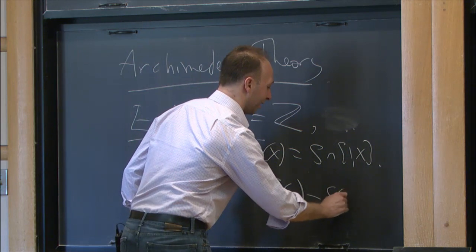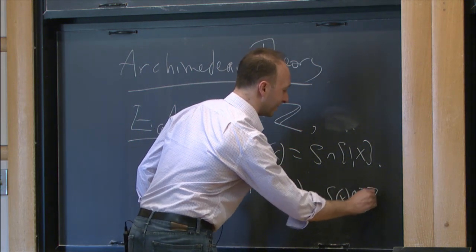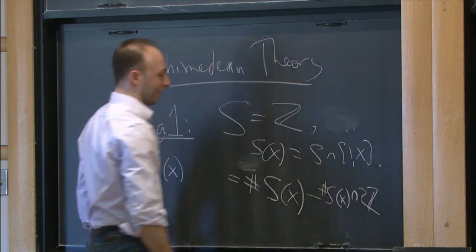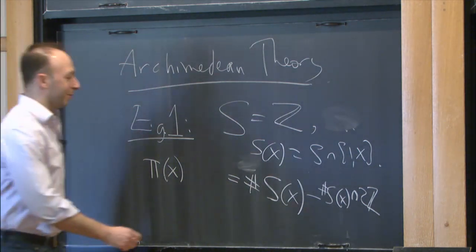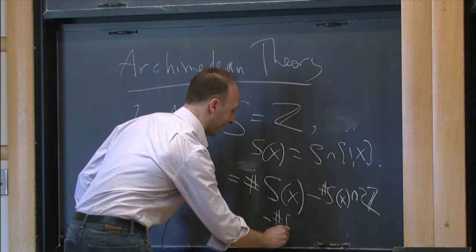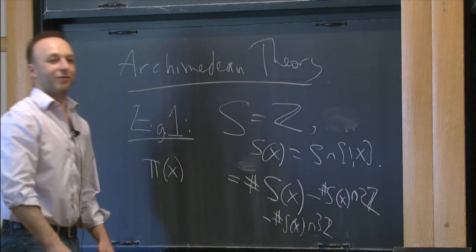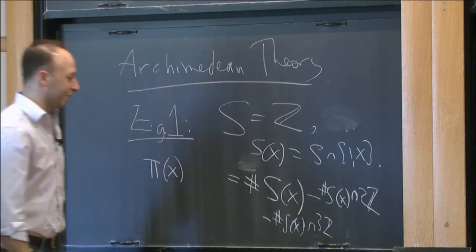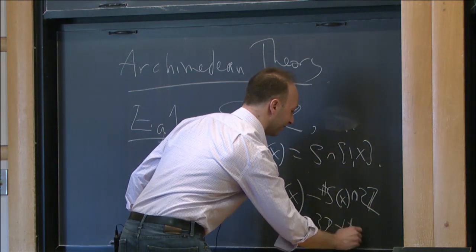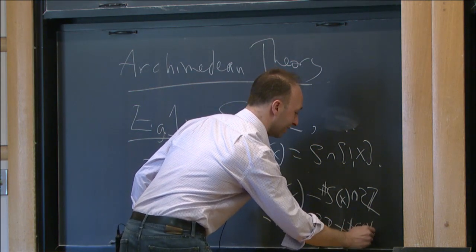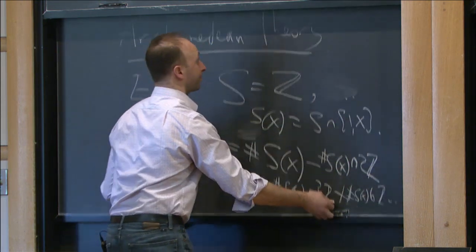So you throw away S of x intersect twice z. And then you also need to throw away the multiples of 3. So you throw away the number of elements in 3z. But of course, you've thrown away the multiples of 6 twice. Everybody knows this inclusion exclusion argument. 6z, and so on.